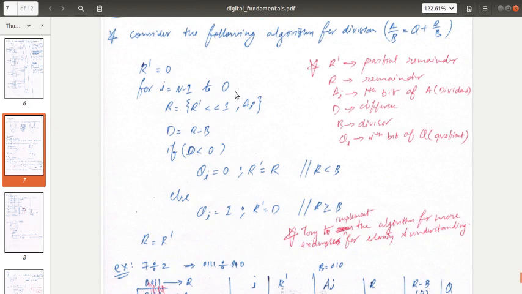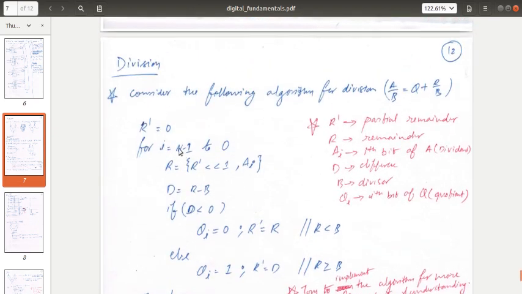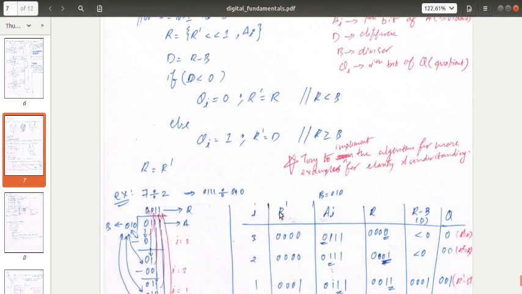For the first loop, I equal to 3. So R equals R bar left shifted by 1. R bar is 0 0 0 0, left shifted by 1 is again 0 0 0 0, and AI is appended, or the last bit of R is replaced with AI. Here there is no change because all are zeros, so R is also 0 here.